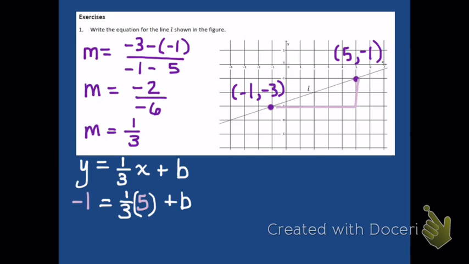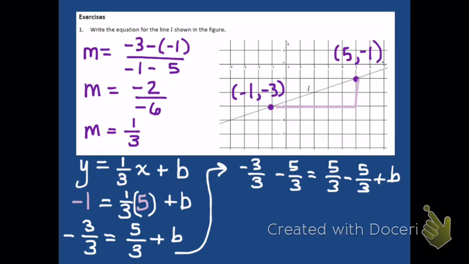And now I can solve for my y-intercept because this is a situation where I can't read the y-intercept directly off of this graph. I know it's between -2 and -3, but I can't find its value directly, so I'm going to use algebra. Okay, so I'm going to write -1 as -3/3, and then I end up with 5/3 plus b on the right-hand side of that equation.